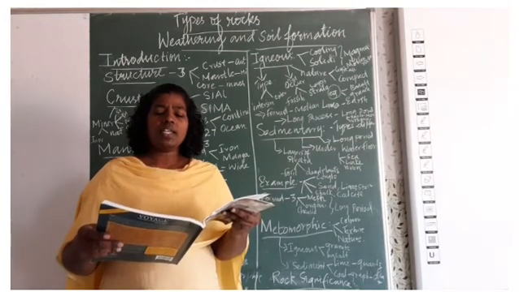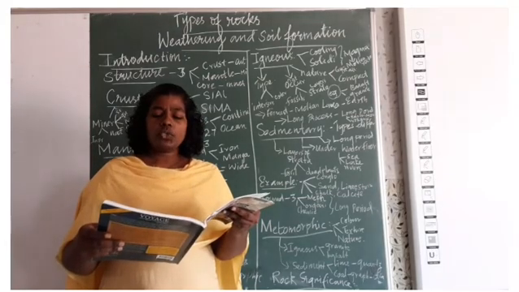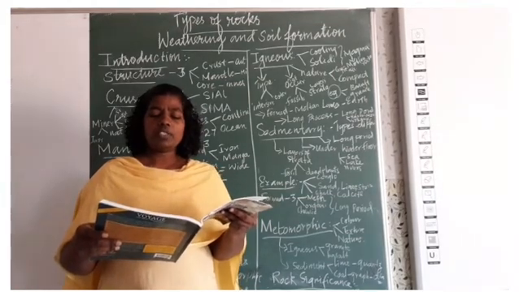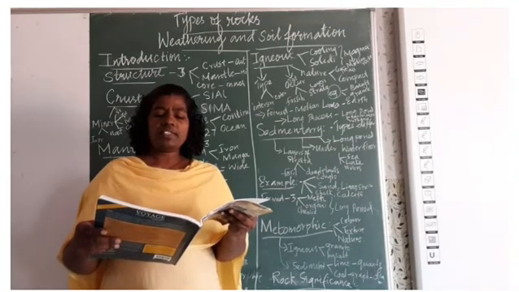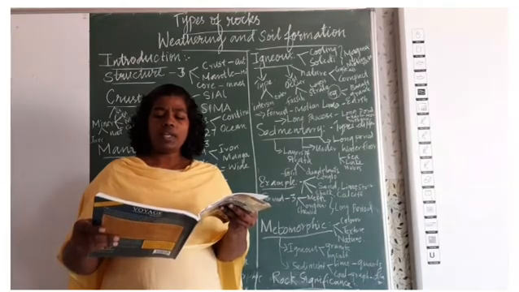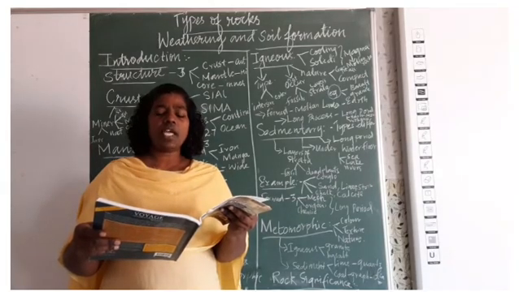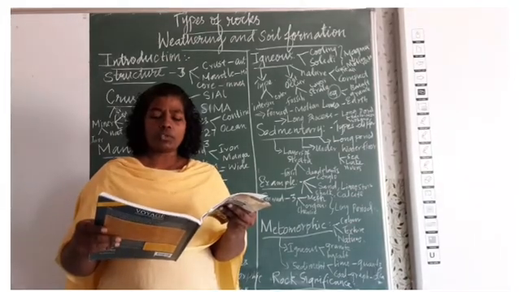Instead of organic, you have to write inorganic. Question 2, false. Instead of intensive, you have to write extensive. Third one, false. Instead of sedimentary, you have to write metamorphic. Fourth one is true, fifth one also true.